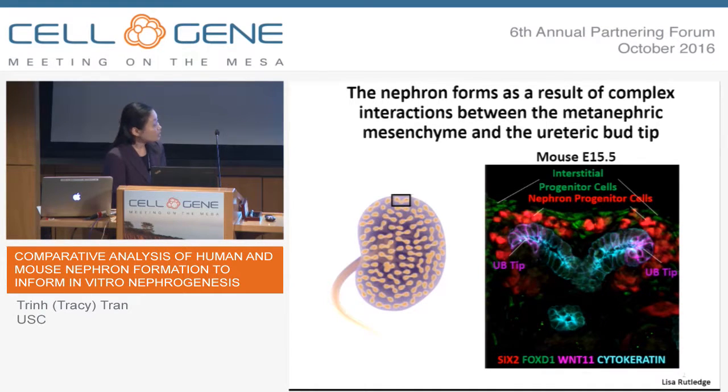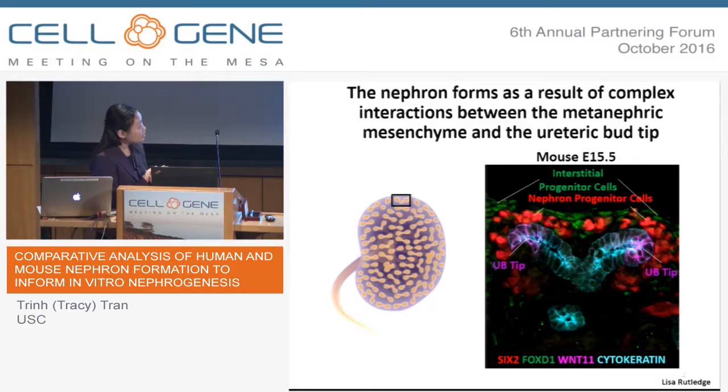The nephrogenic niche is composed of the metanephric mesenchyme population interacting with the ureteric bud tip. The metanephric mesenchyme is made up of the interstitial progenitor cells that are marked in green here, and the nephron progenitor cells, which are Six2 positive.